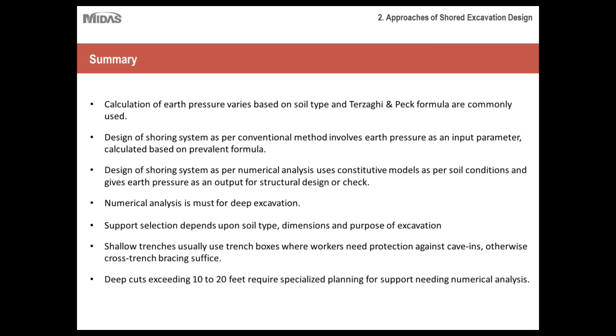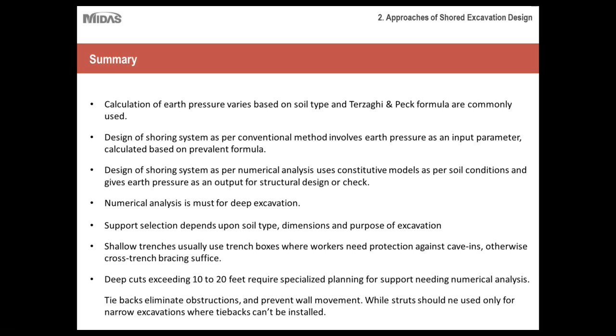And deep excavations exceeding 10 to 20 feet require specialized planning for support, needing numerical analysis. And finally, tiebacks eliminate obstruction and prevent wall movement, while struts should be used only for narrow excavations where tiebacks cannot be installed.